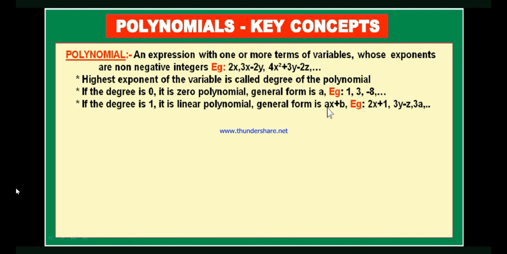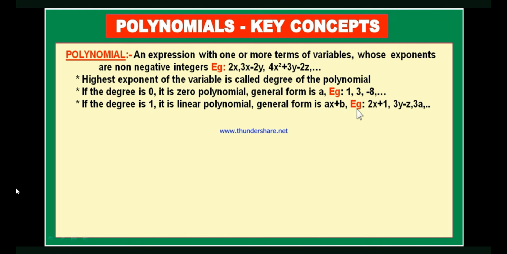Therefore, in any polynomial, if the highest exponent of the variable is 1, then the degree is 1. If the degree of any polynomial is 1, then it is called a linear polynomial. Therefore, in any linear polynomial, the degree is 1. The general form of the linear polynomial is ax plus b.